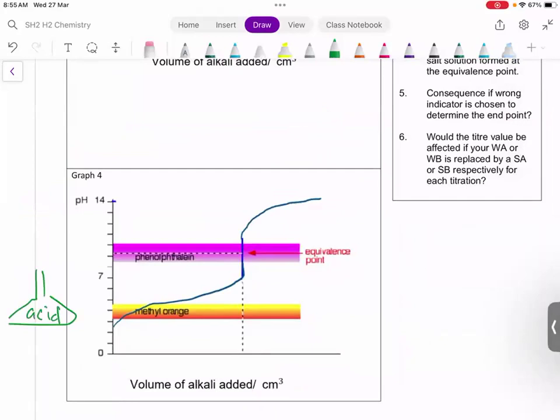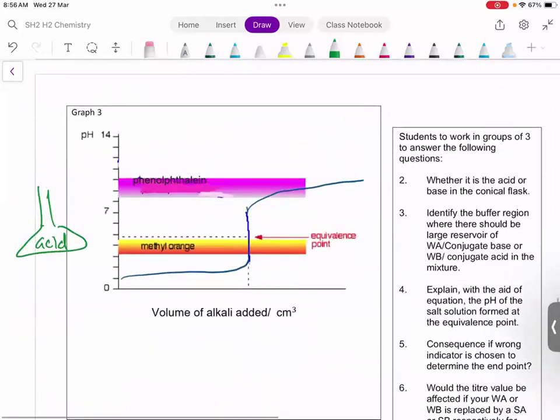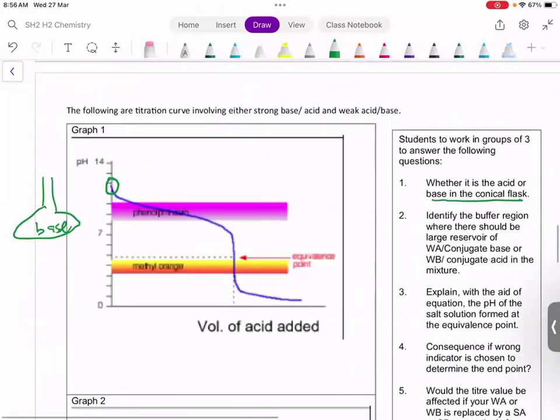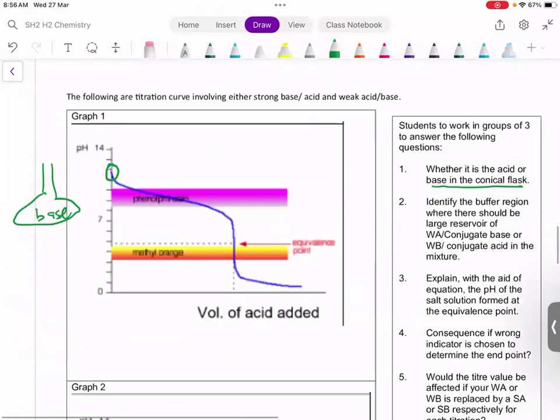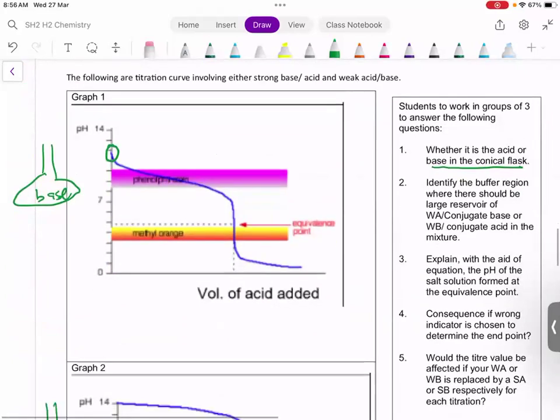Okay? Now, at this point of time, you still cannot tell the strength of the acid or base since you're not given the initial concentration. But how do you know the strength of your acid or base? Yeah, the salt hydrolysis. For graph number 1, you notice that the pH falls below 7, so this is an acidic salt.